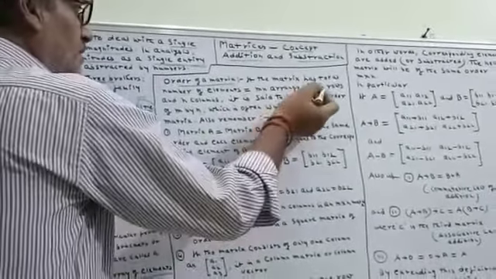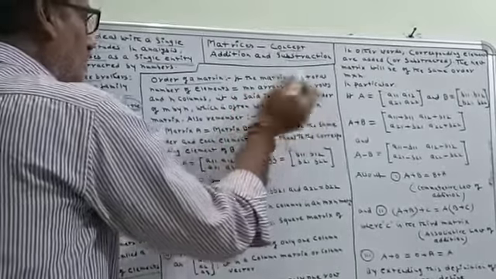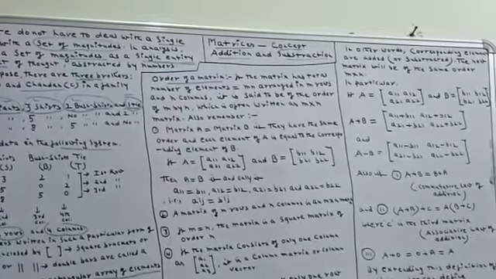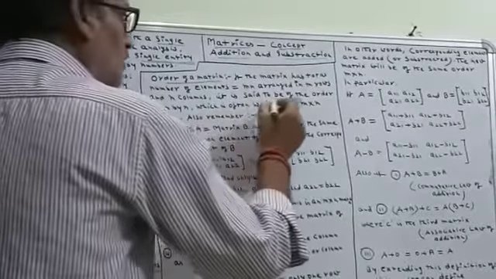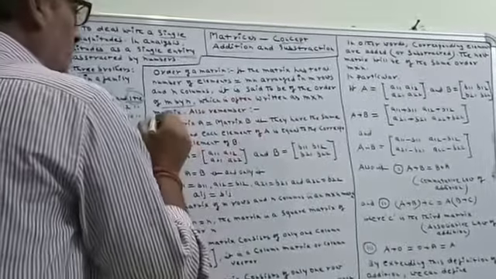If the matrix has total number of elements equal to mn arranged in m rows and n columns, it is said to be of the order of M by N, which is often written as M by N matrix.